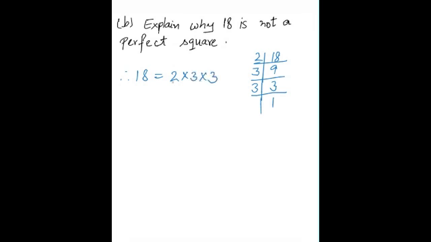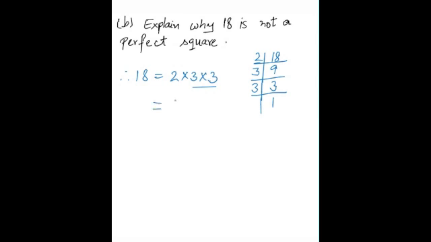In order to get a perfect square, the factors of a particular number should be in pairs. Like here in the case of 18, 3 times 3 is a perfect pair, and in order to get a perfect square, every factor in the number should be a pair of each other, but in this case 3 times 3 is a pair but 2 is not.